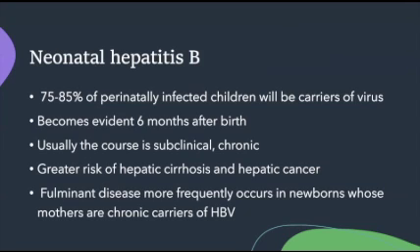It becomes evident 6 months after birth. Usually the course is subclinical and chronic. There is a greater risk of hepatic cirrhosis and hepatic cancer in these newborns. And fulminant disease occurs more frequently in newborns whose mothers are chronic carriers of hepatitis B virus.